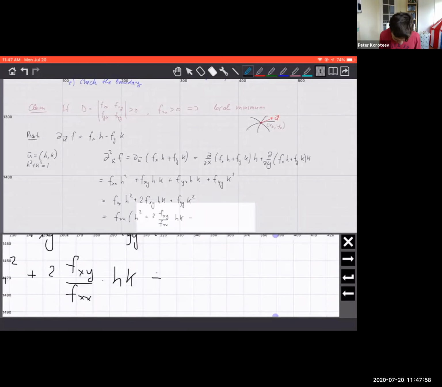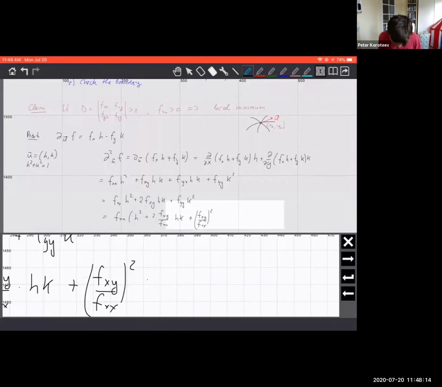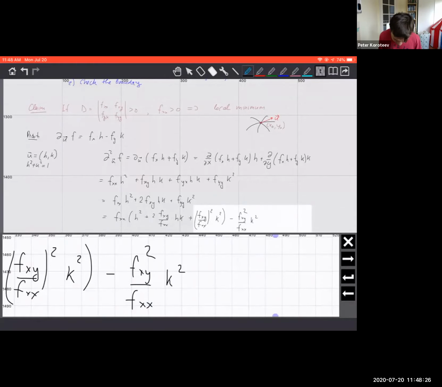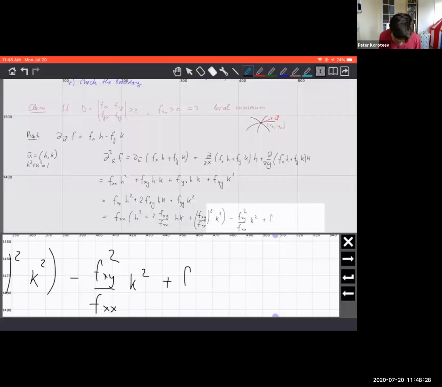So here we add fxy over fxx squared times k squared, right? And then we subtract fxy squared divided by fxx, because one of them canceled, times k squared. And finally, we write the last term, so plus fyy times k squared.